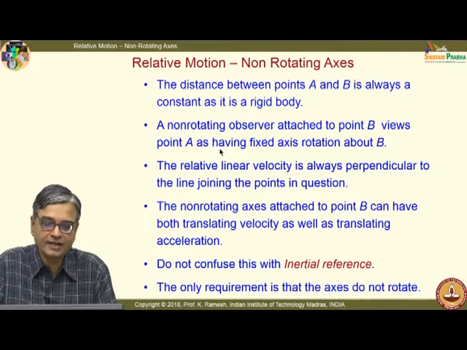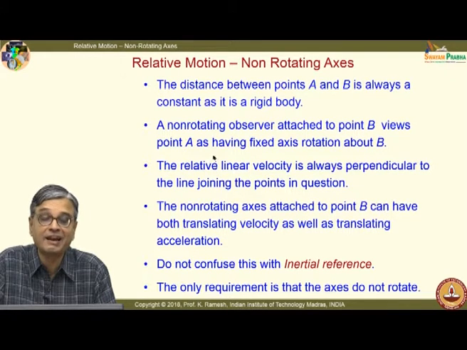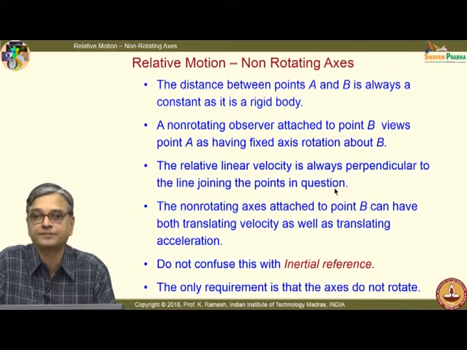Once you know that this has a fixed axis rotation about this point, the relative linear velocity, please underline the term relative linear velocity. I am not getting the absolute velocity. The relative linear velocity is always perpendicular to the line joining the points in question.